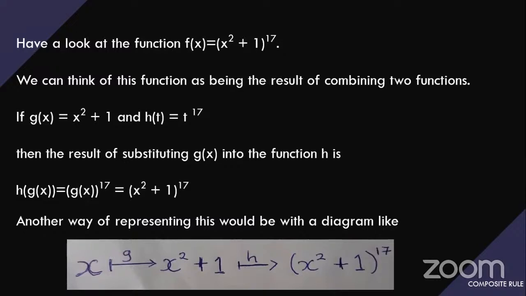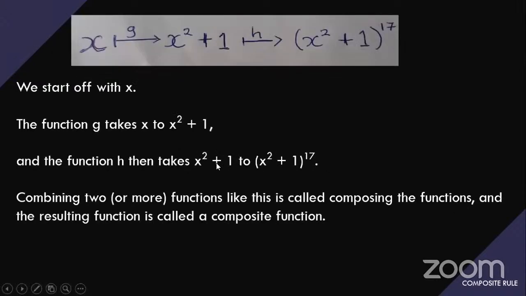Another way we can represent this would be like this diagram we have below. If we have x, let me move to the second slide. So we start off with x.